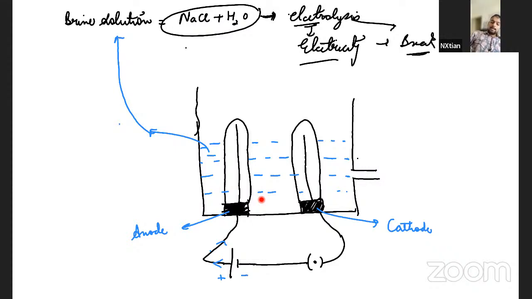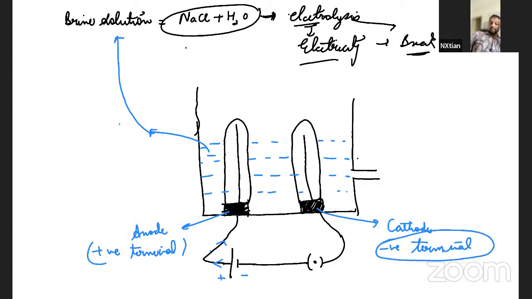And then I added two things, which is anode, which is also called the positive terminal, and cathode, which is also called the negative terminal. First is anode, and the second one is cathode, positive terminal and negative terminal.